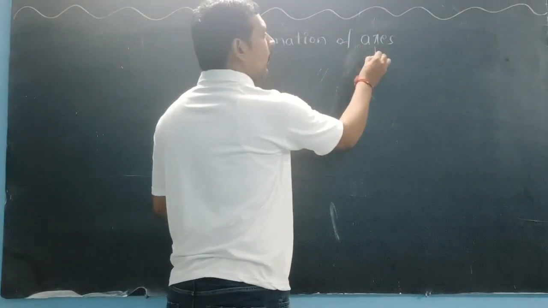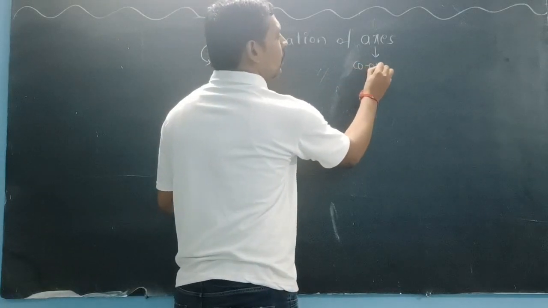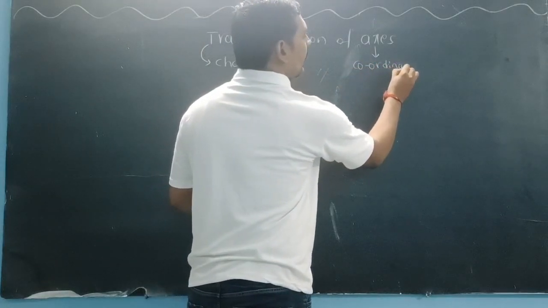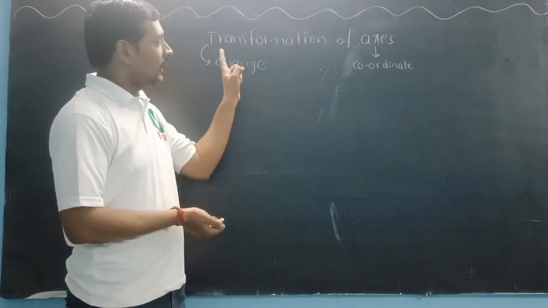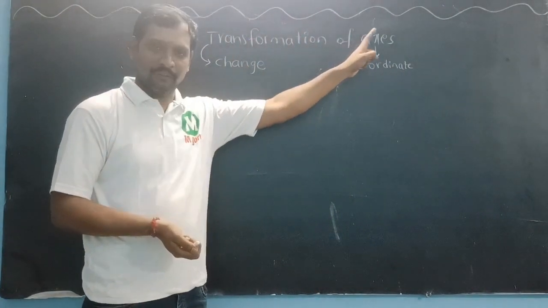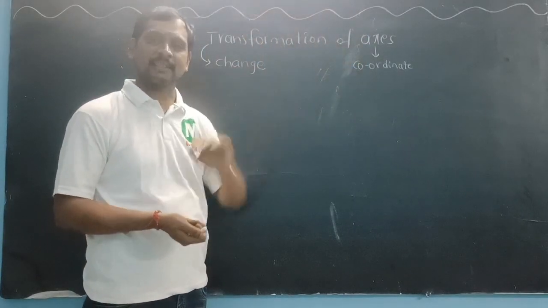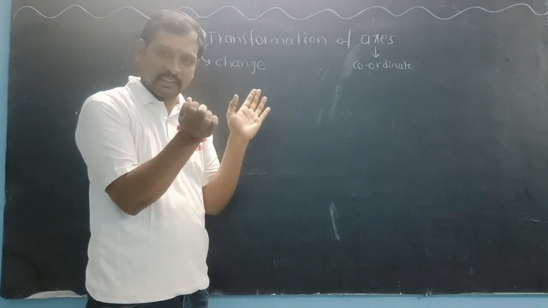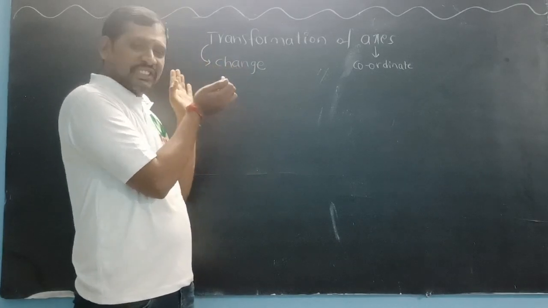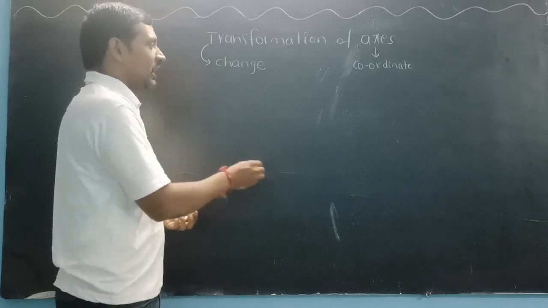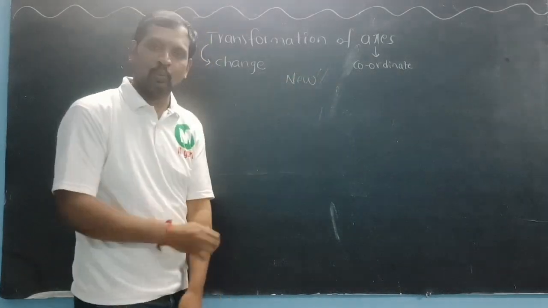And what is axis? Axis is nothing but coordinate axis. So in this topic, transformation of axis, we are going to see how the coordinate axis changes. When a change is there, we may also call it new.